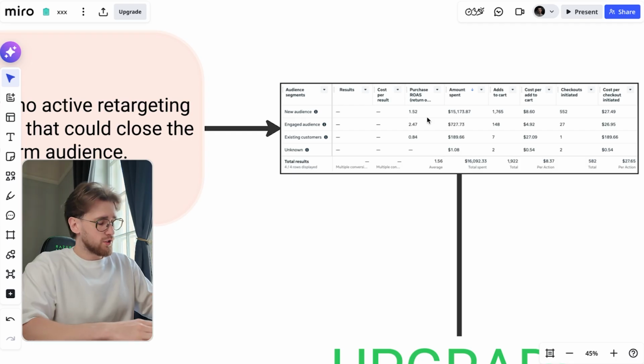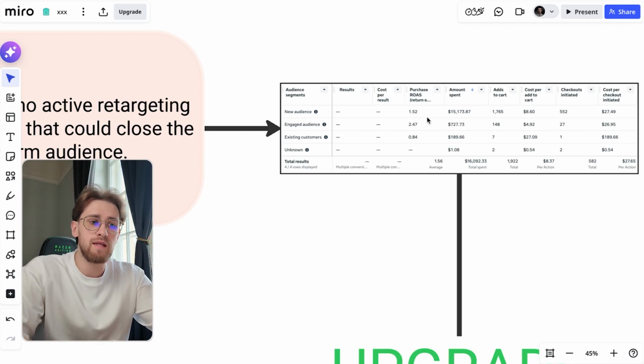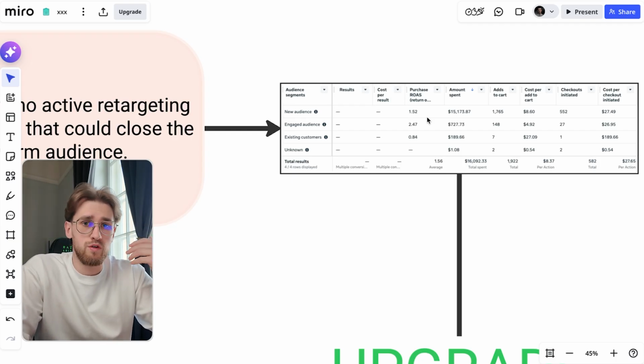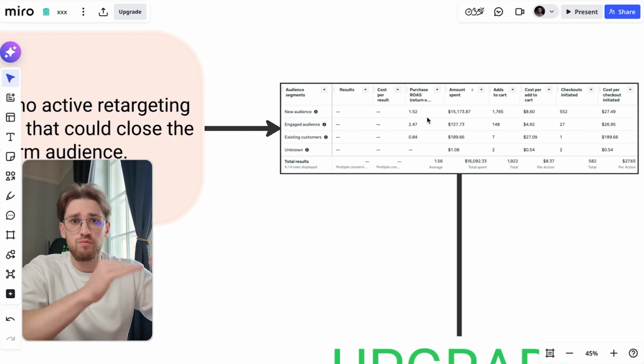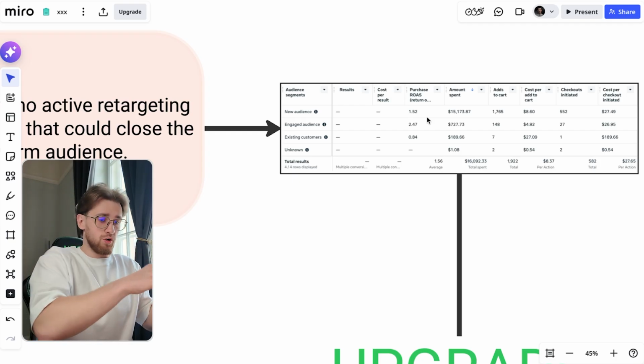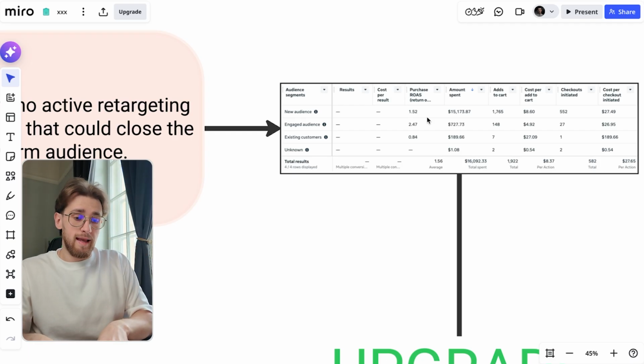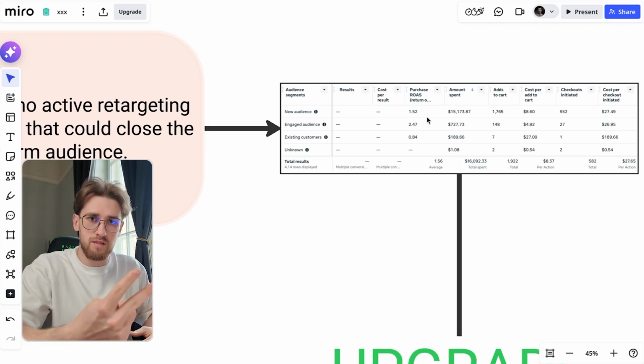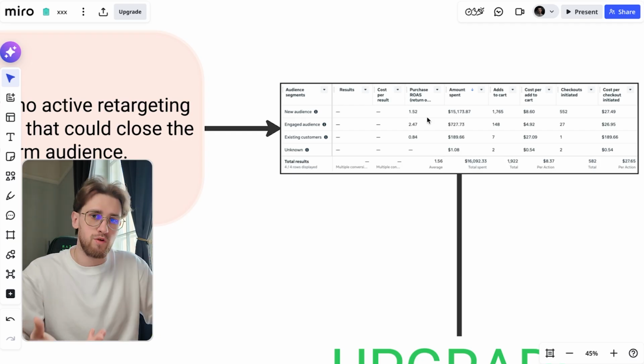Because your cold audience can bring ROAS of 1.7, 2.5, 2.2, and it will be near break even. But you can turn on retargeting campaigns and generate ROAS of 3.5, 4.5, so double it and generate some profit for your brand.